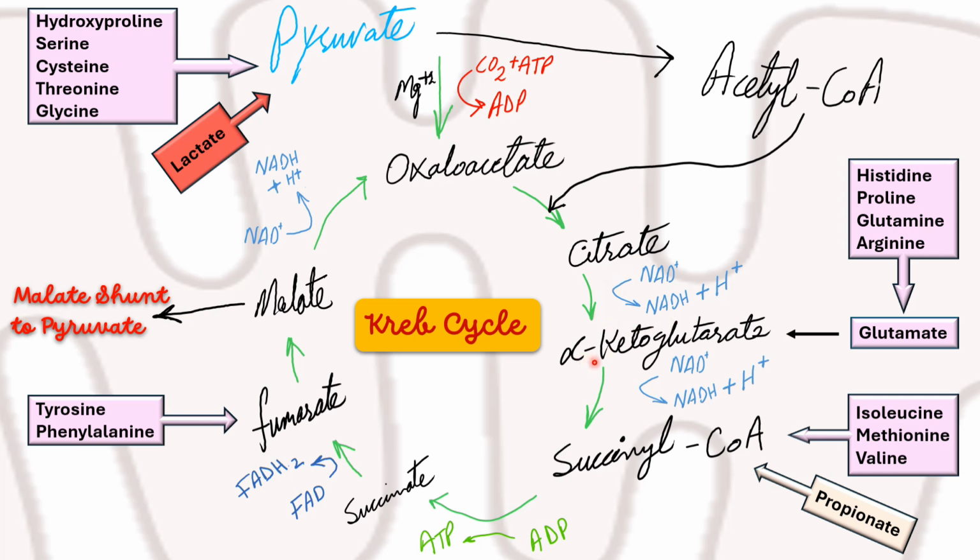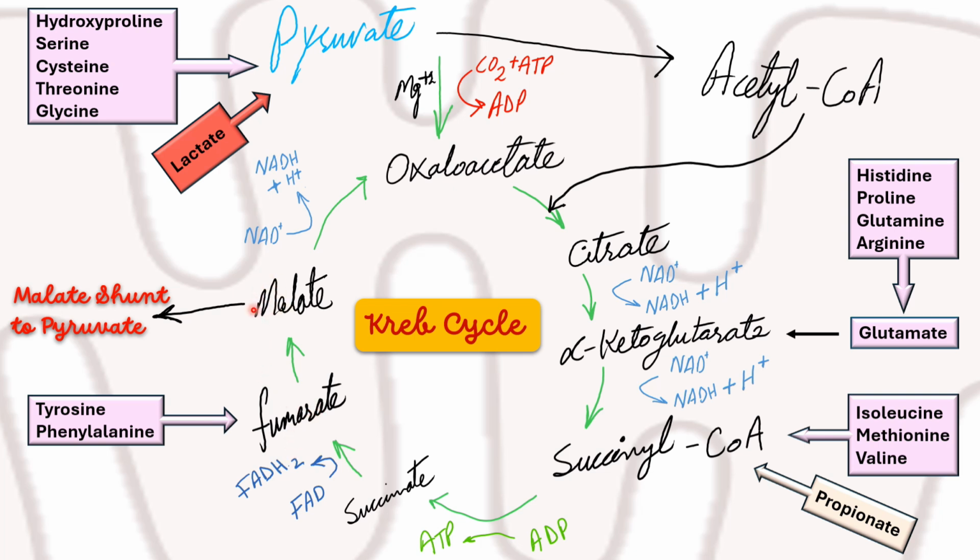From alpha ketoglutarate it will be converted into succinyl CoA and another NADH molecule will be produced, and from succinyl CoA to succinate an ATP molecule will be produced, and from succinate to fumarate an FADH2 molecule will be produced, and then fumarate to malate.